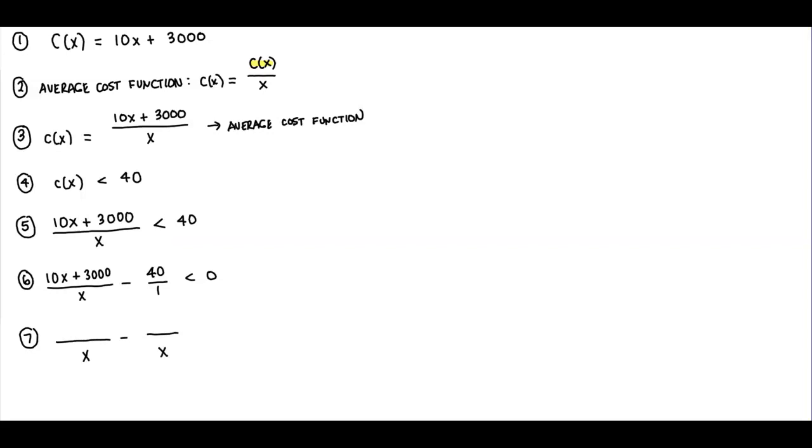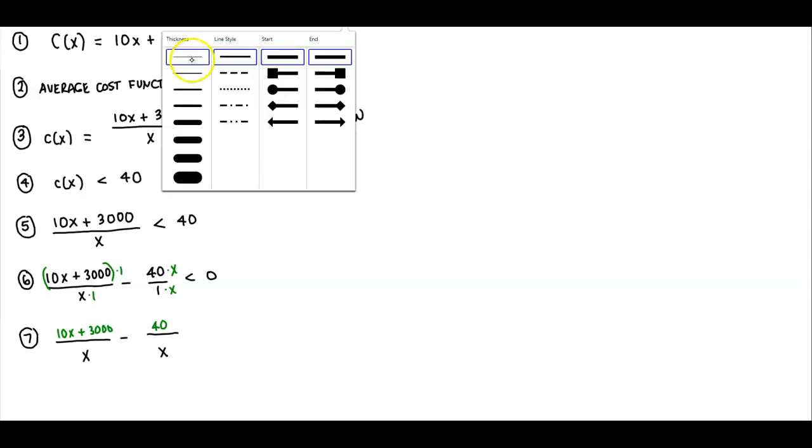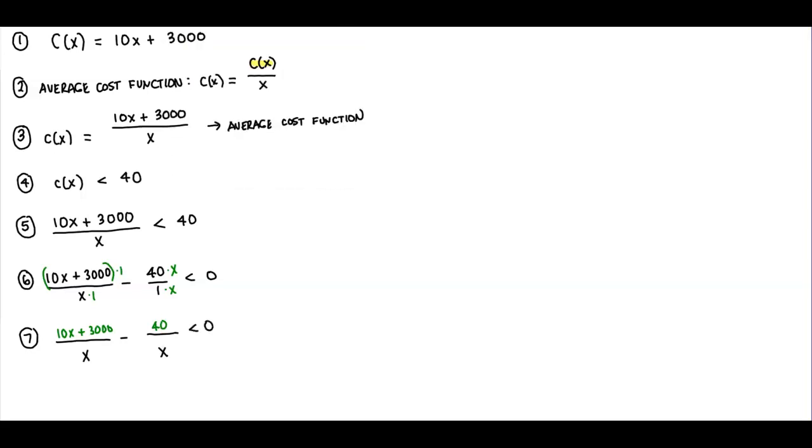So x times 1 is going to give us x, and then (10x plus 3,000) times 1 is going to give us 10x plus 3,000. And 1 times what is going to give us x? Well, that's x. So 40 times x is 40x. And therefore, that's going to be less than 0.